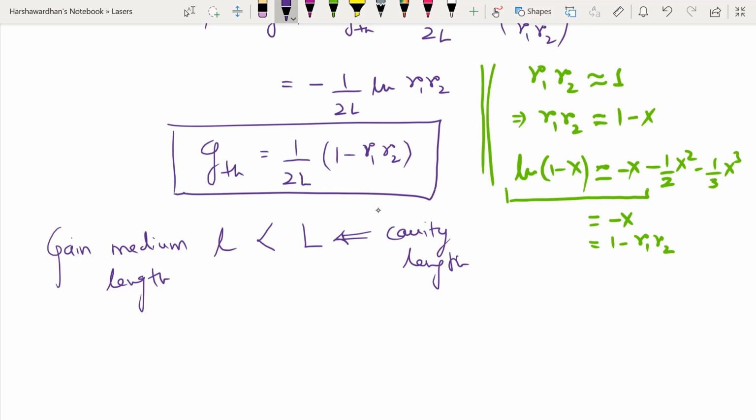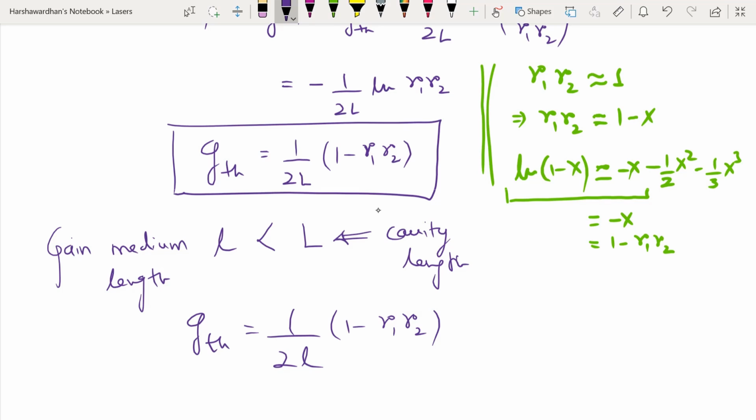For example, I have a tube within which the gas is enclosed in the helium neon laser, and I could have mirrors which are going beyond the tube. So in that situation, my gain medium doesn't occupy the full length of the cavity, and hence if those are different, then my g threshold is 1 over 2L, where L is now the gain medium length, and this is 1 minus R1 R2 for high reflecting mirrors.